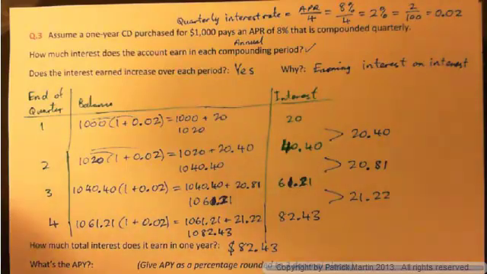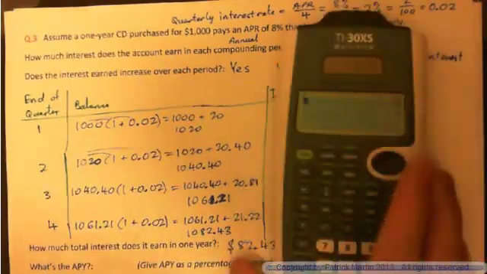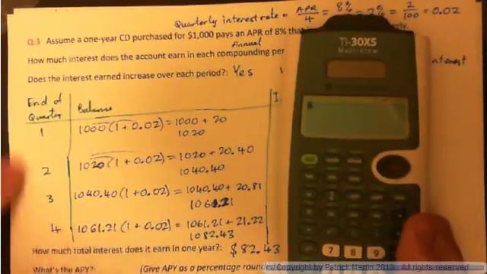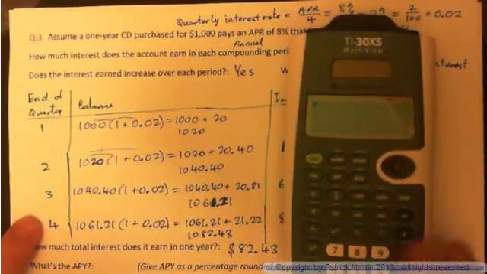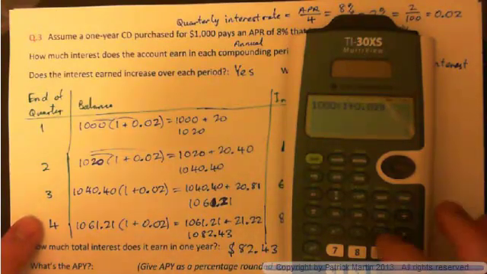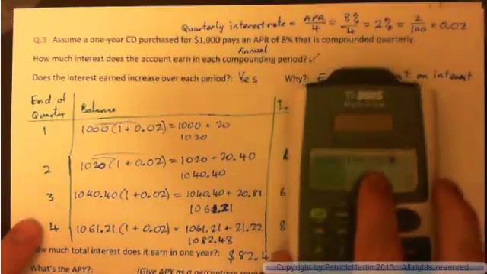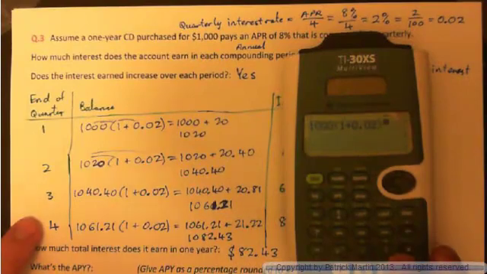Now, just before we get to that, I just want to quickly check one of these balances with a formula. If we take quarter 4, we would take our principal, 1,000, times 1 plus 0.02, that's the quarterly interest rate of 2%, and then we would put that to the power of 4.